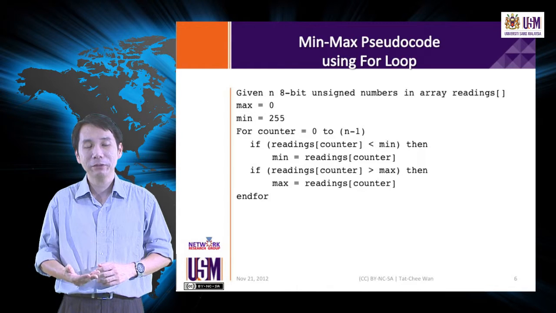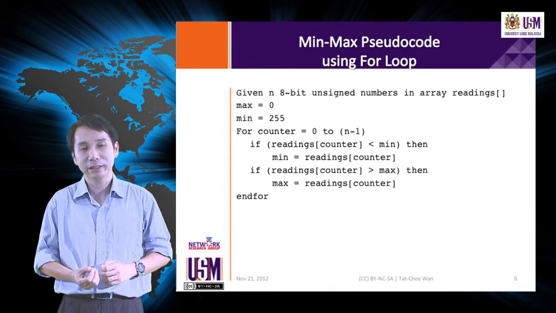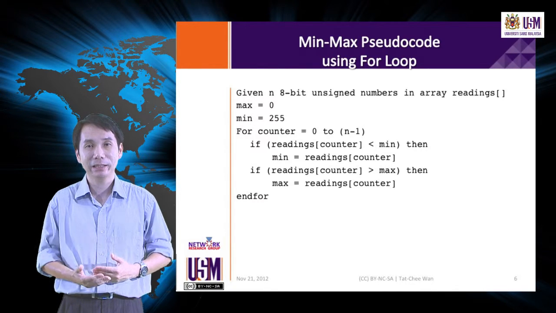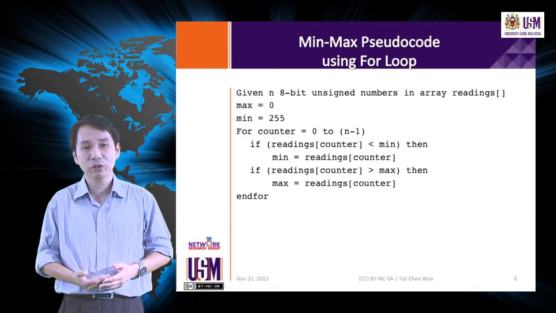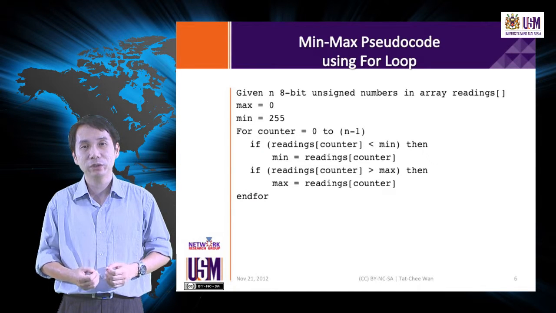We will look at how we can implement the min-max algorithm using a for loop. Given that we have n 8-bit unsigned numbers in an array of readings, we first set the minimum and maximum values to the extreme ends, where we set maximum to 0 and minimum to 255. This ensures that the subsequent readings will force the minimum and maximum values to a real reading instead of being stuck at either end of the scale.